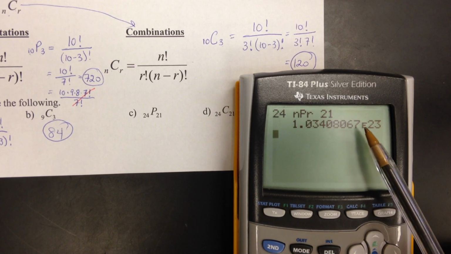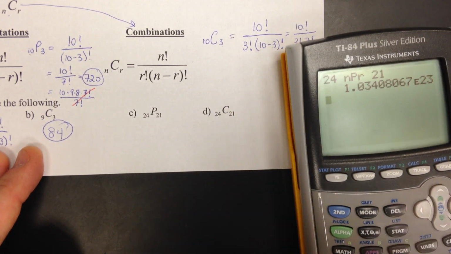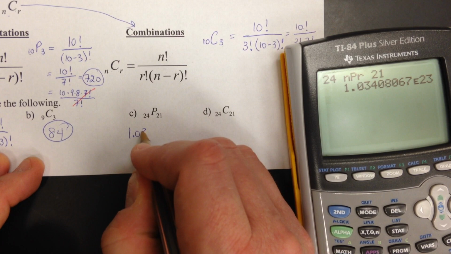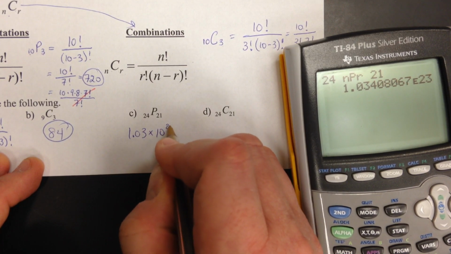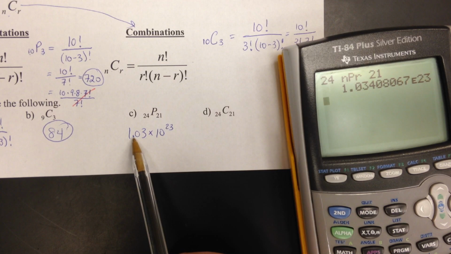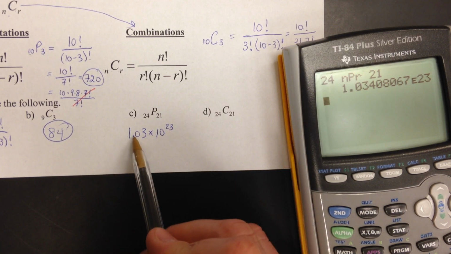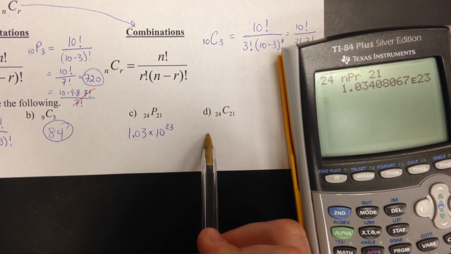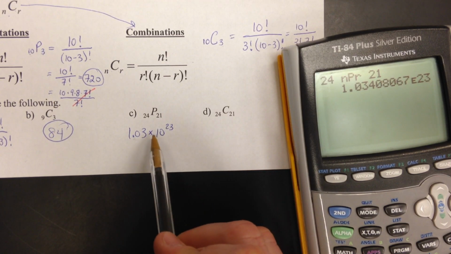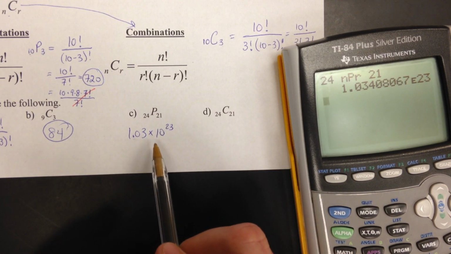E23 means times 10 to the 23rd. So let me write this down, 1.03, this is scientific notation, times 10 to the 23rd. What that means is that after this decimal place, we should be shifting this 23 places to the right. So it should be going way out to here, and with all the empty spaces, you're going to have a bunch of zeros. So this is a huge, huge number.